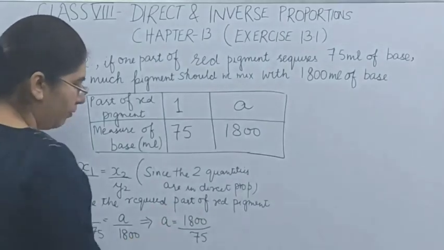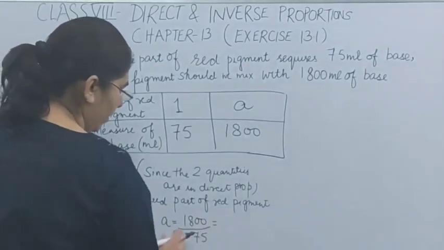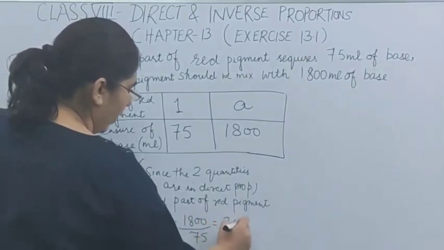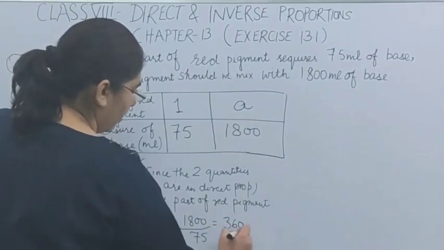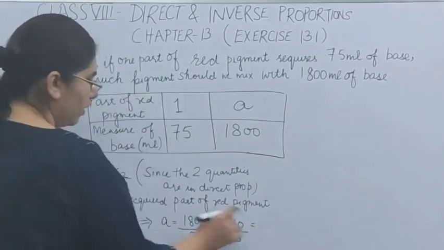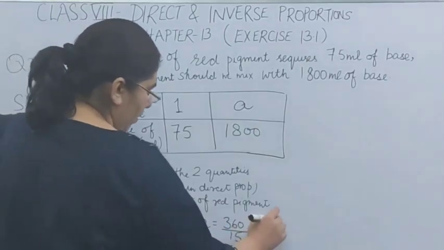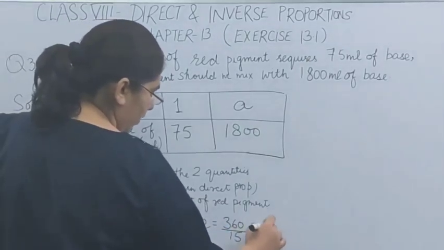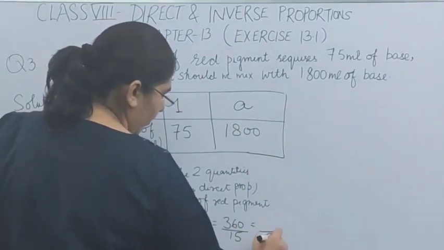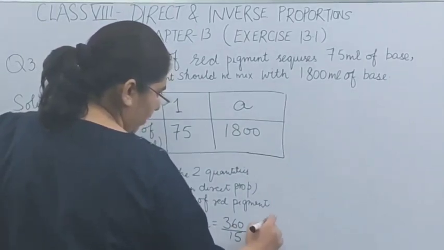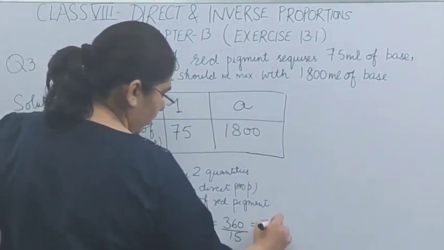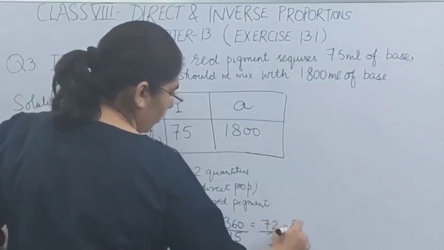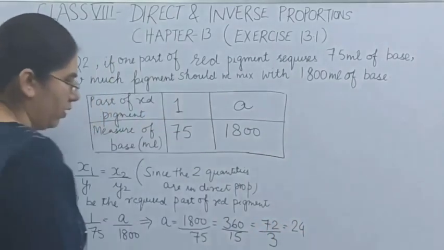So, when we simplify this, we get 360 by 15 and then further you divide it by 5, 3 fives are 15, 72 and then you get 24.